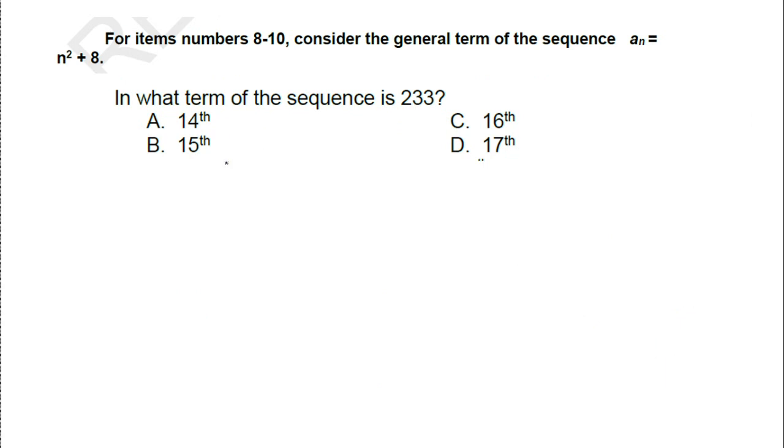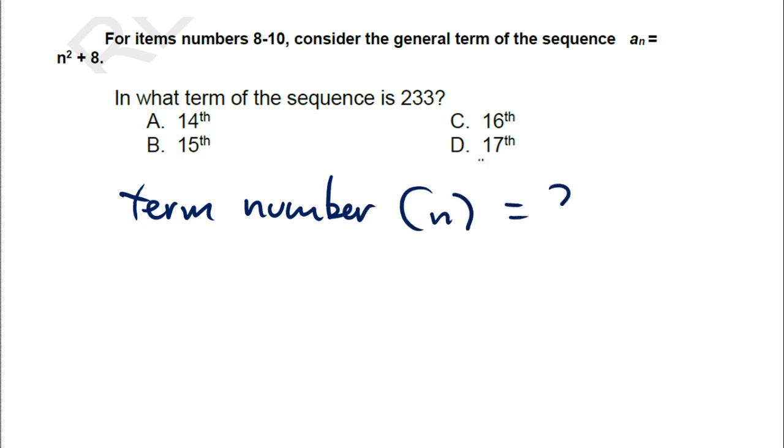In what term of the sequence is 233? In this type of problem, we are going to solve for the term number or the value of n. Since the given is a sub n equals 233, let's substitute this to the given formula.